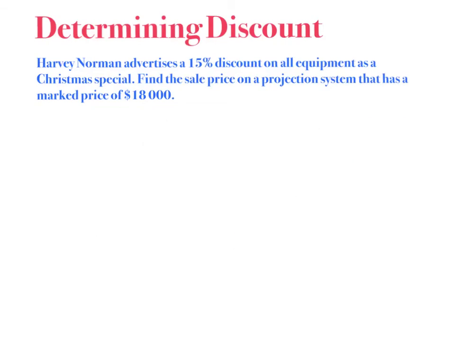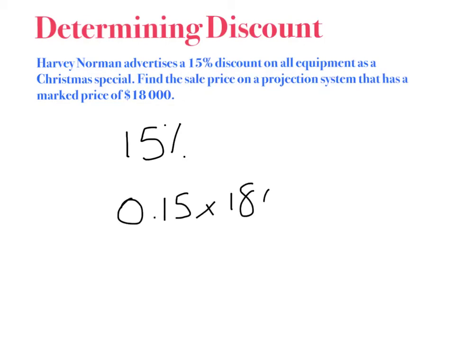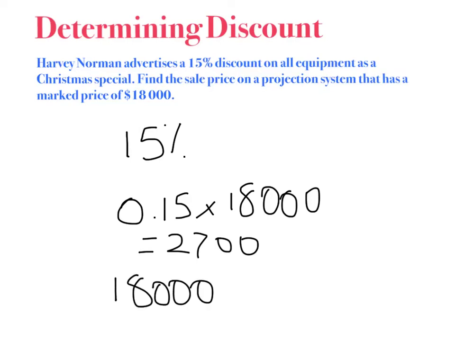Another way that I can actually work this out is by, again, using the same system that I used last time, working out what 15% of 18,000 is. So again, I write 15% like that, multiplied by 18,000, which will give me an answer of 2,700. I then subtract 2,700 from 18,000.